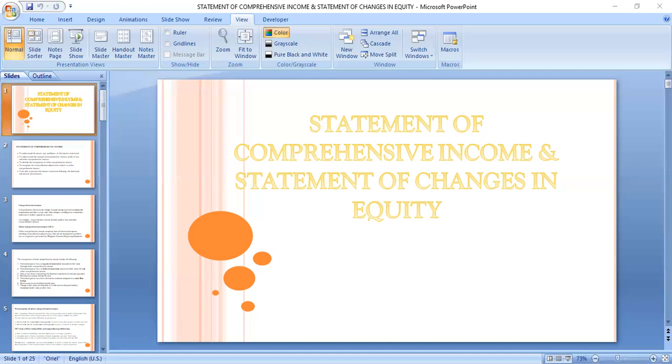Okay, that's chapter 5. Now we move on to chapter 6. Chapter 6, non-current asset held for sale. So chapter 6 is non-current asset held for sale. Now, with the following items to be included in non-current asset held for sale.